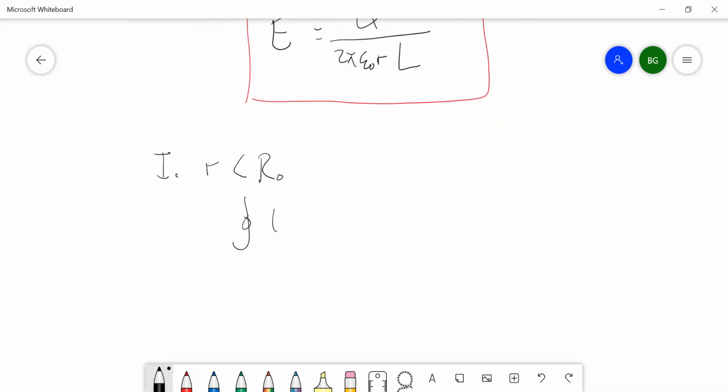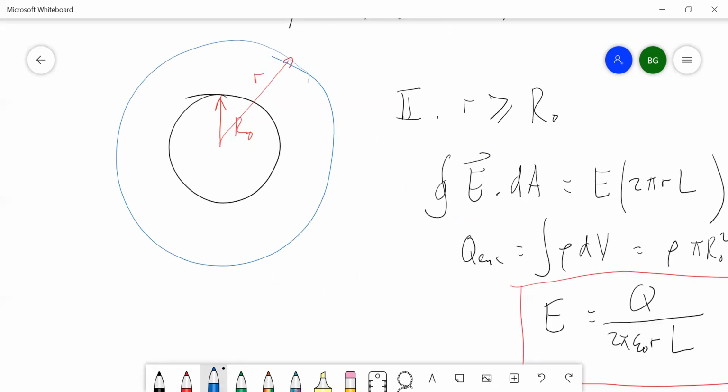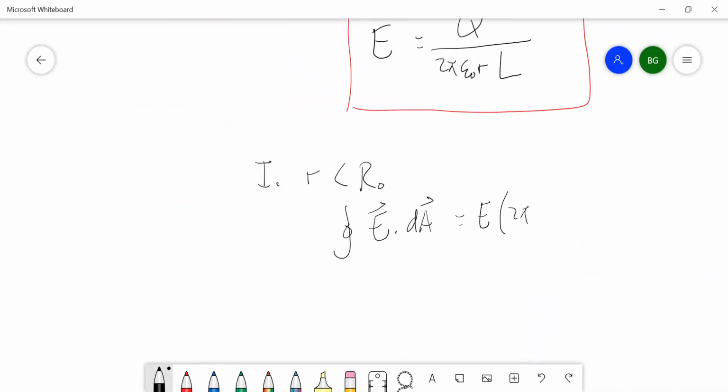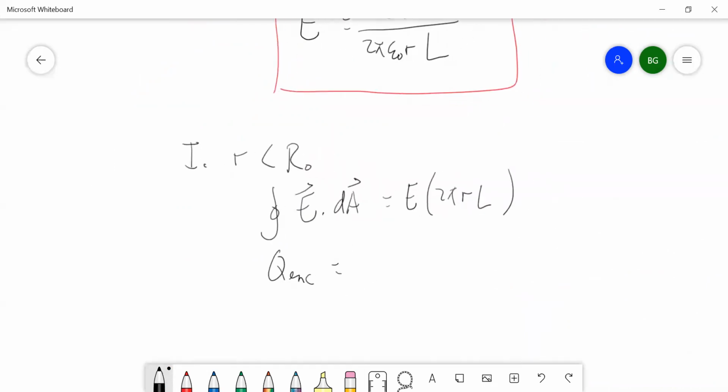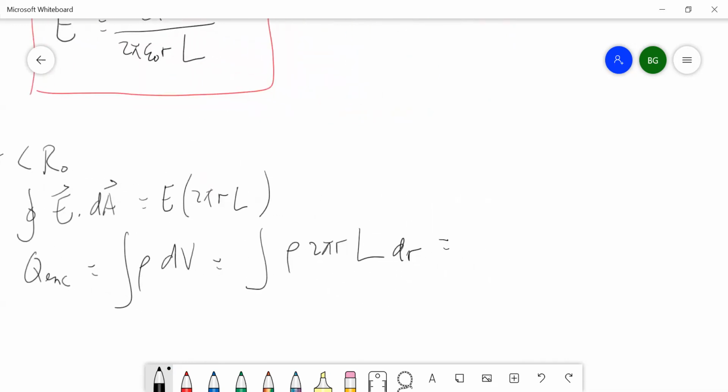So we have the integral of E dA equal to Q enclosed over epsilon 0, with the Gauss surface of radius r, and this is E times 2 pi r L. Q enclosed means the integral of rho dV, which is rho times 2 pi r L dr.